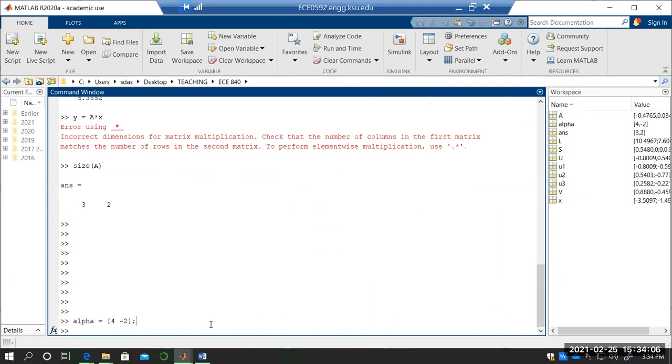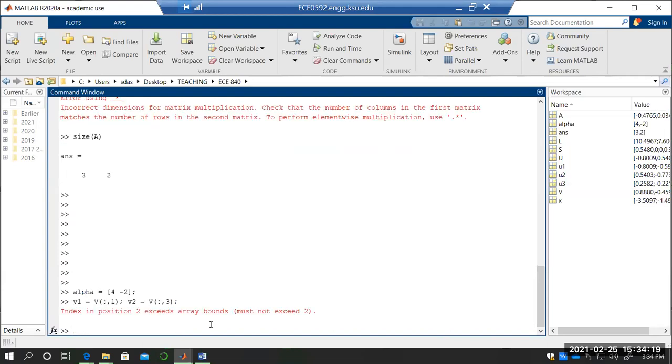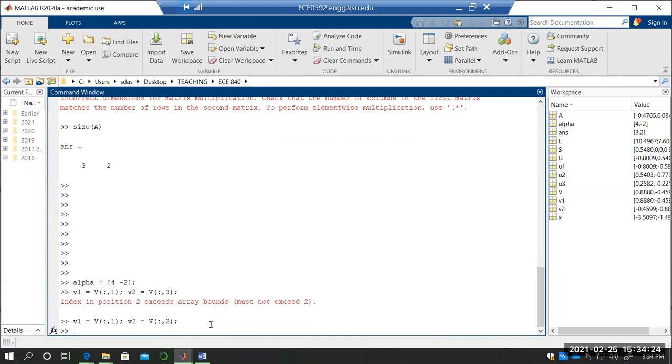So v1 equals v all comma 1, v2 equals v all comma 3. Okay, B is a 2 by 2. So the basis vectors for x are this v1 and v2. The basis vectors for y would be u1, u2, and u3.